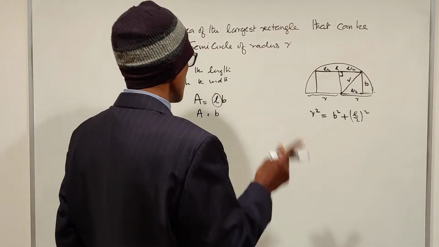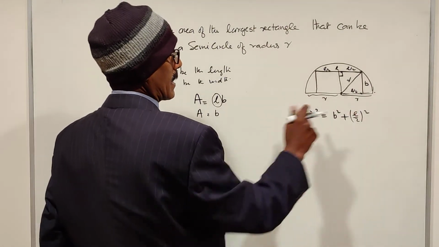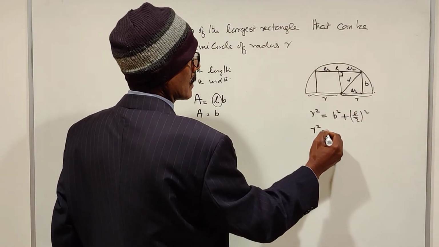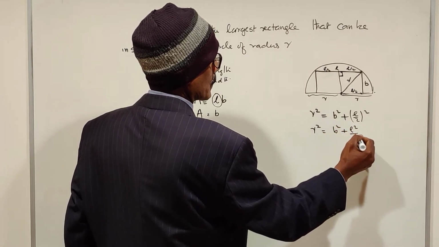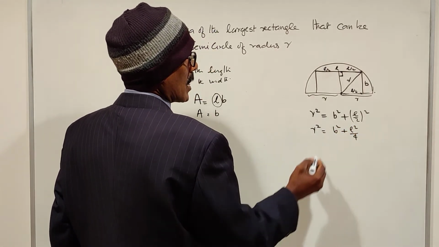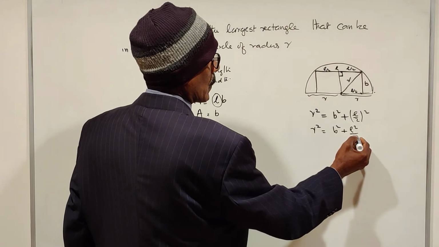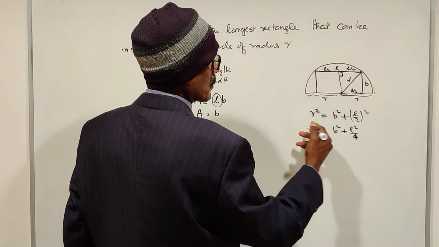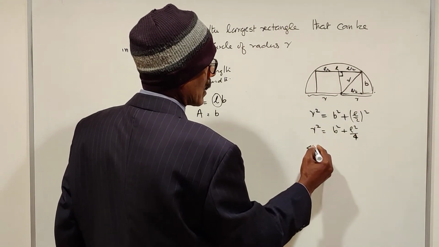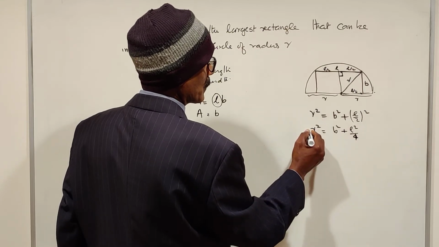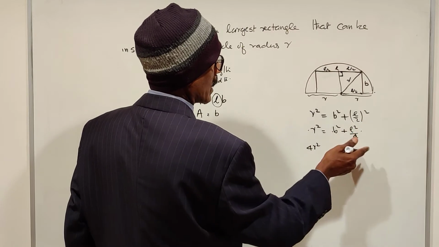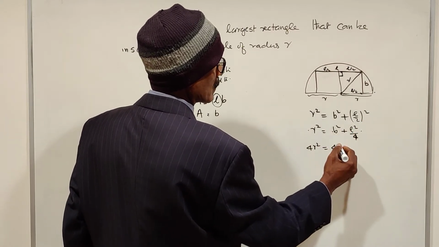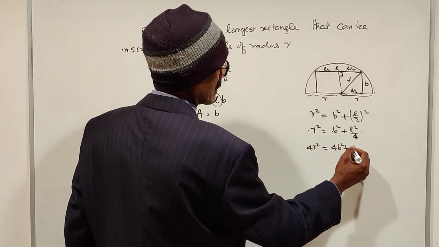From here we need to find L. R square is equal to B square plus L square by 4. We need to eliminate this 4, so multiply throughout by 4. 4R square equals 4B square plus L square.